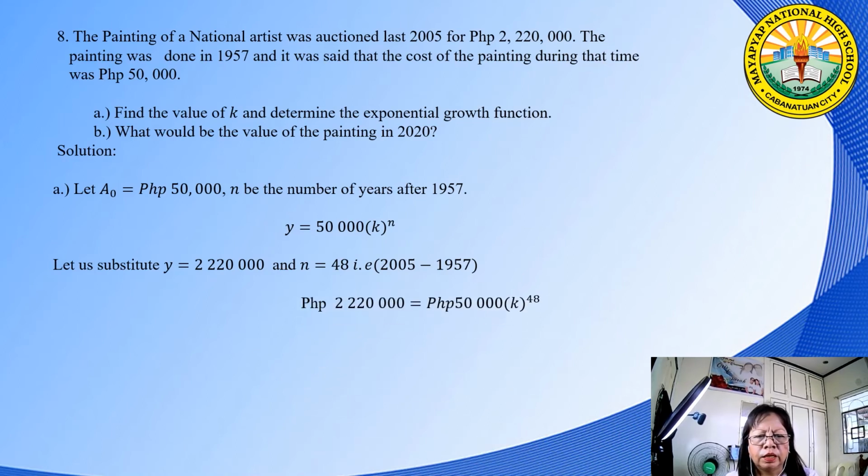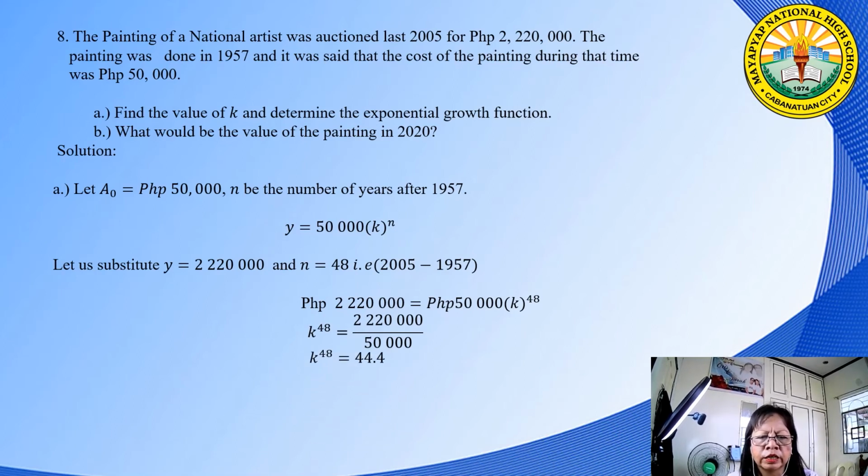So 2,220,000 equals 50,000 multiplied by k raised to n, where n is equal to 48. So k raised to 48 is equal to 2,220,000 divided by 50,000 when you simplify.